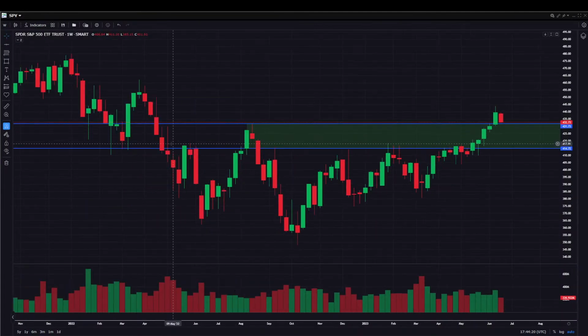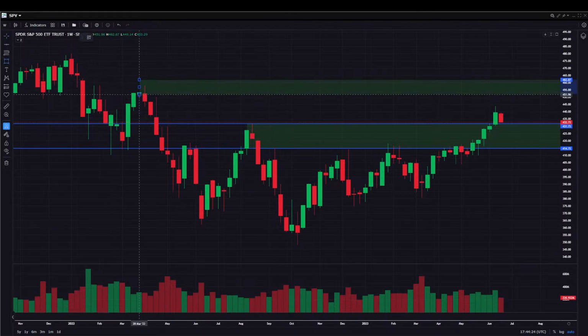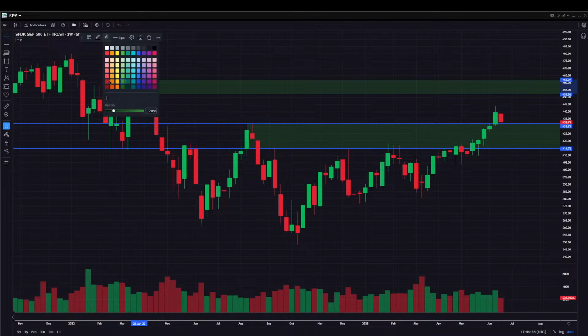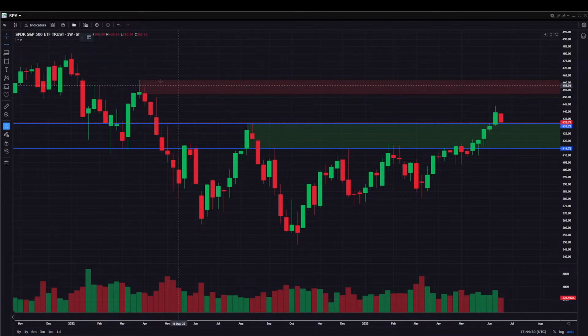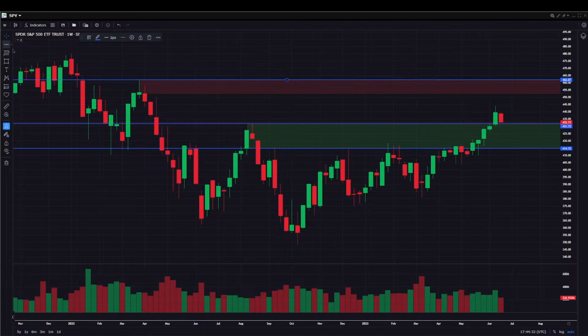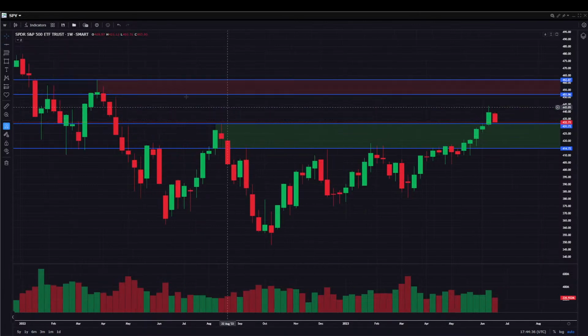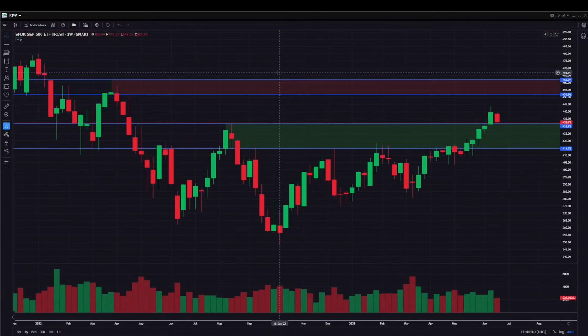So we got that nice break above on the weekly time frame. Every time we break a zone, I've always played for a retest to confirm an up move or a break. A true break always gets retested. So that is what's happening right now on the weekly time frame.